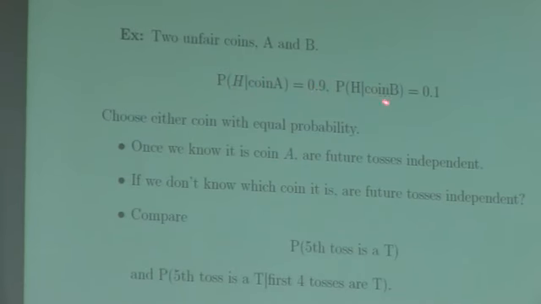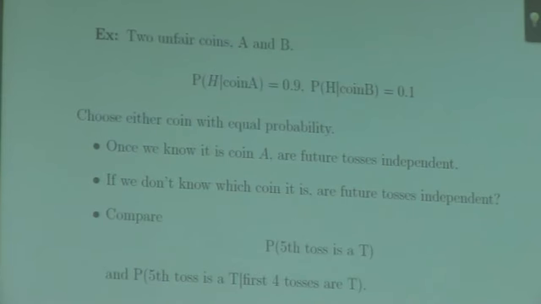On the other hand, if you pick coin B, the probability of heads is 0.1. So coin A is more likely to produce heads, and coin B is more likely to produce tails. But once we pick coin A, if we keep tossing it, each toss is independent of each other, and each toss results in a head with probability 0.9 independently of all others. That's the question setup.